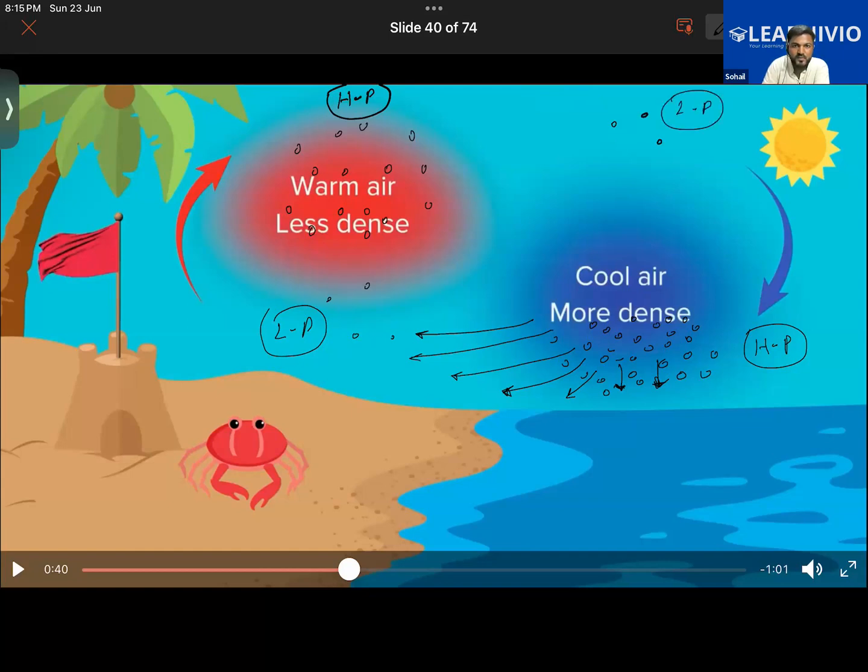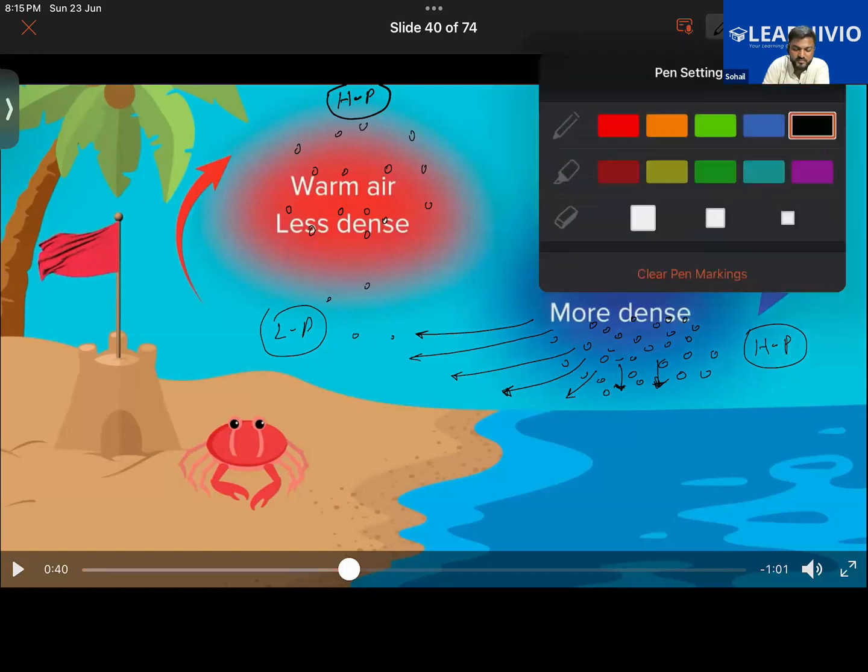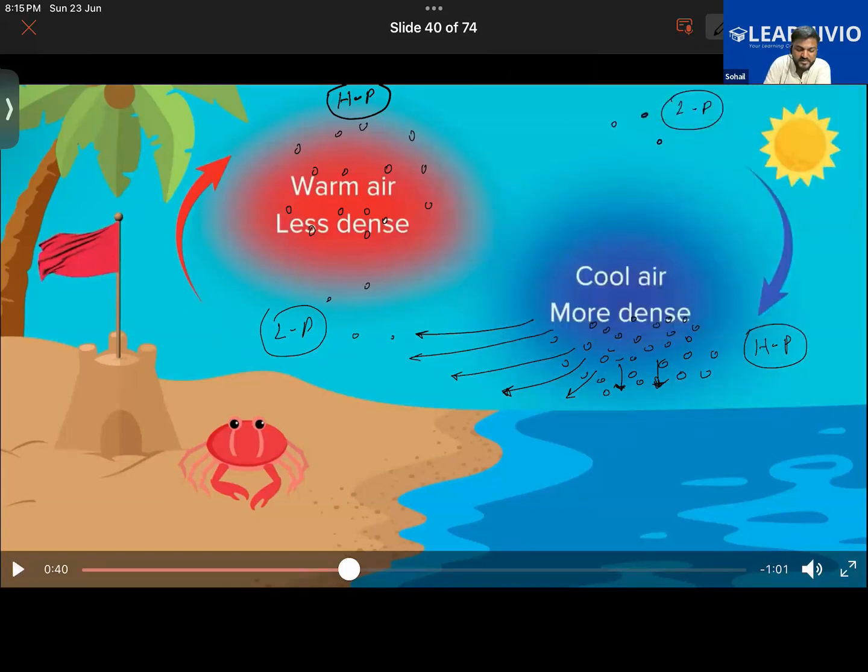Suleiman, Aman, are you getting it? So at the same time, higher up in the sky, the warmer air that has risen up will be moving towards the water body where there is low pressure, because anything moves from a high pressure to a low pressure.